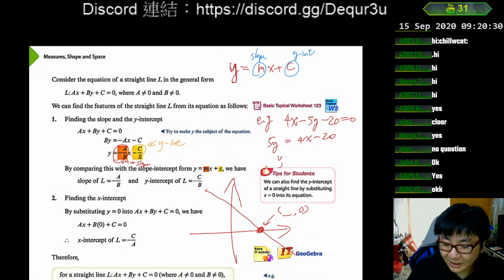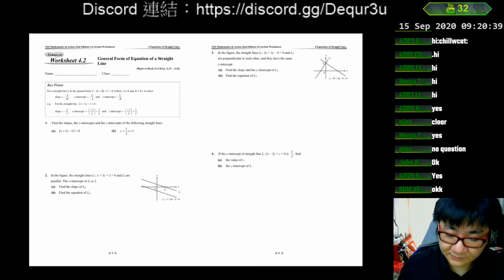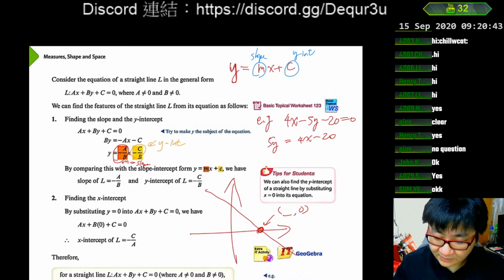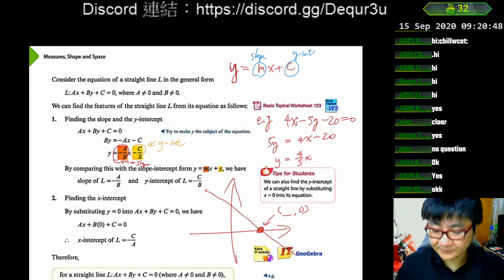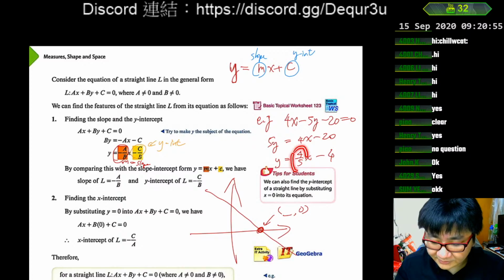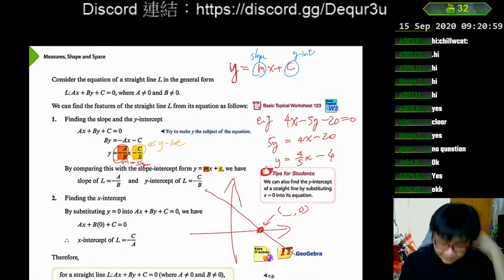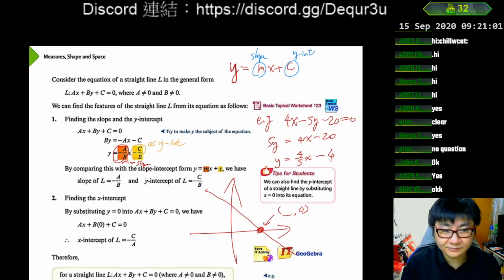And then divide by 5, then we have y equal to 4 over 5 x, and 20 also divided by 5, then minus 4. Then you can immediately see the slope is 4 over 5 and the y-intercept is negative 4.